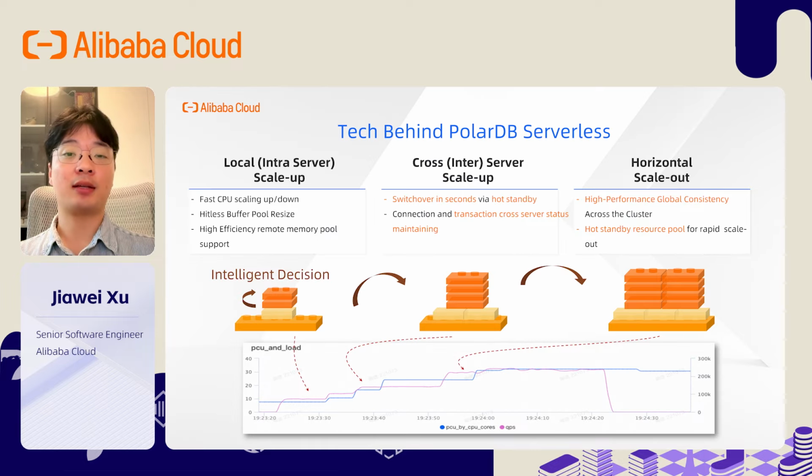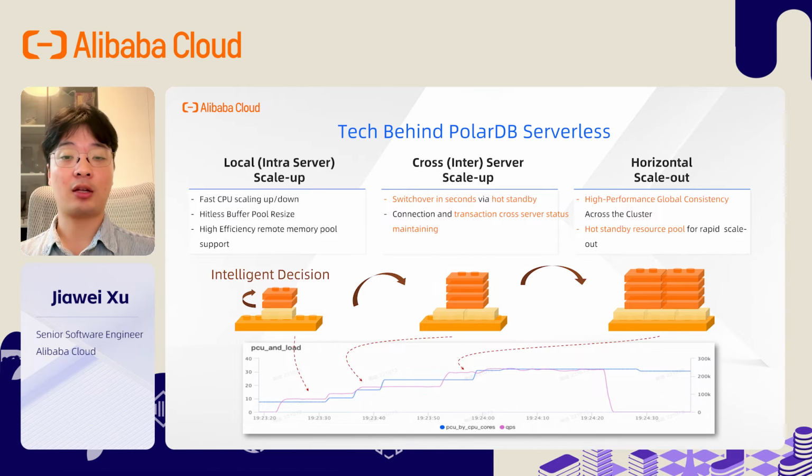Behind PolarDB serverless is sophisticated technology enabling multi-level scaling. Local scale-up means faster CPU scaling, hitless buffer resizing, and efficient remote memory pool support. Cross scale-up involves seamless transition based on hot replica nodes, maintaining connection and transaction status across servers.